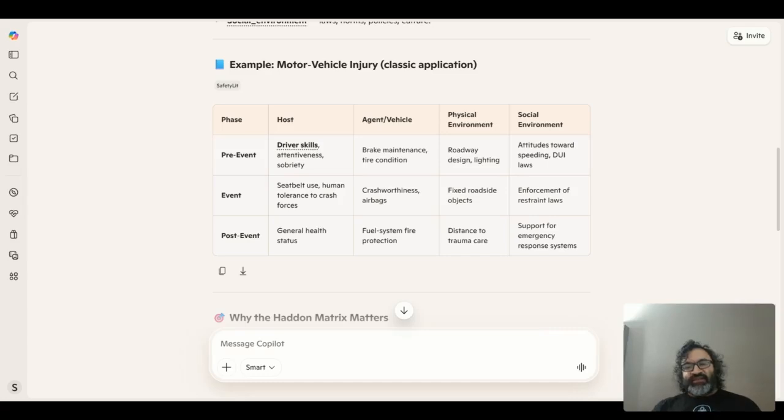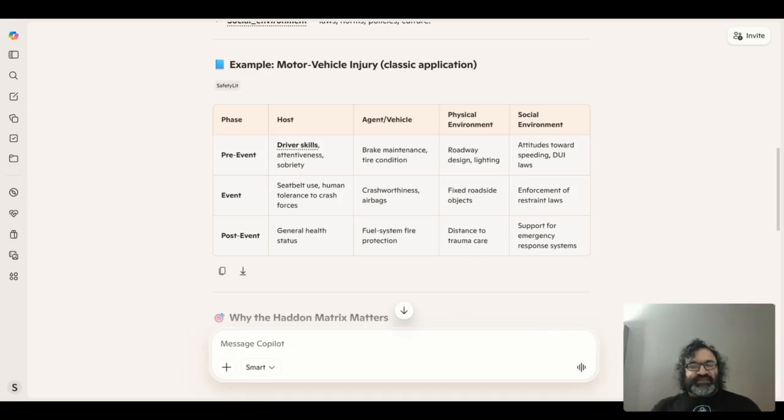So the standard Haddon matrix is the same all over. There are five columns in this, and then four rows. So that makes up the matrix.